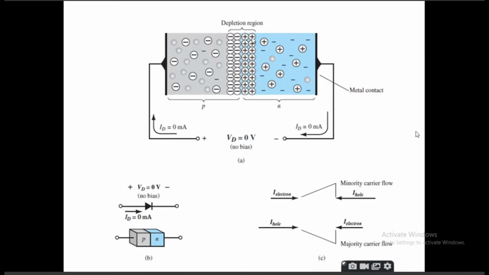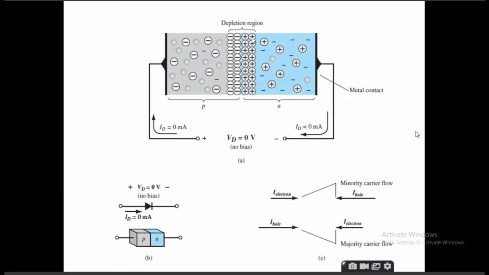The holes on the p side, which are majority, and the electrons on the n side, which are the majority, cannot cross the junction due to this depletion region.